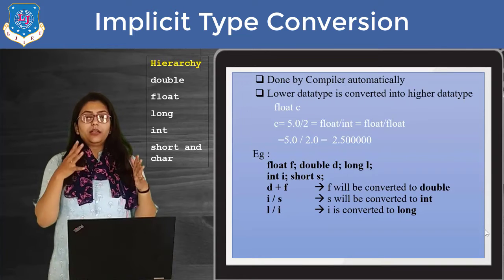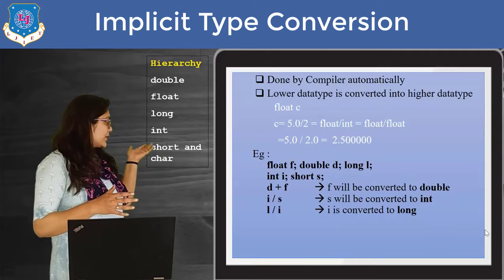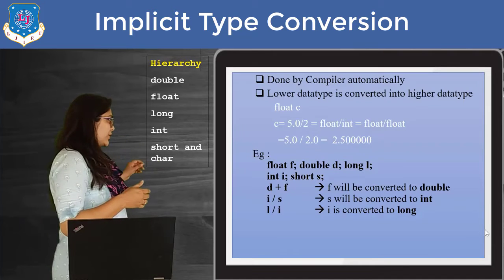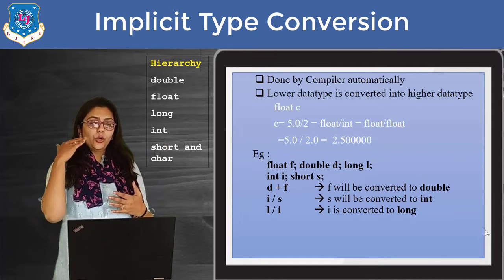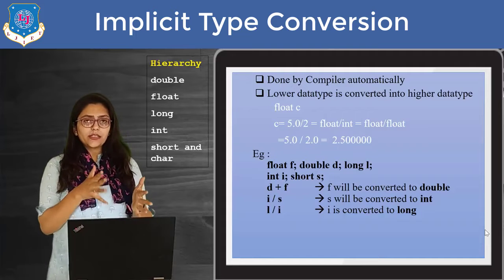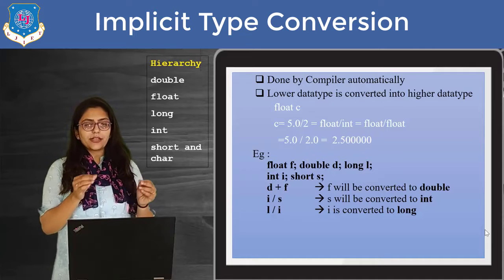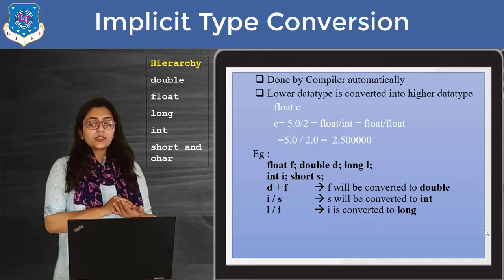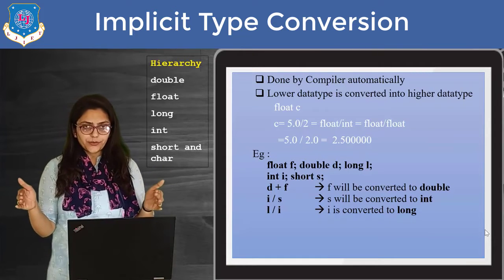Okay. Now what if one of the data types is different? So suppose as you can see, one of the data types is float and another data type is integer. So 5.0 is float over here and 2 is integer. At that time the lower data type will be converted to higher data type. Now what exactly do lower and higher mean? I have covered one topic of qualifiers, that is short, long, signed, unsigned. At that time I told you that these qualifiers are used to change the range of digits or numbers.